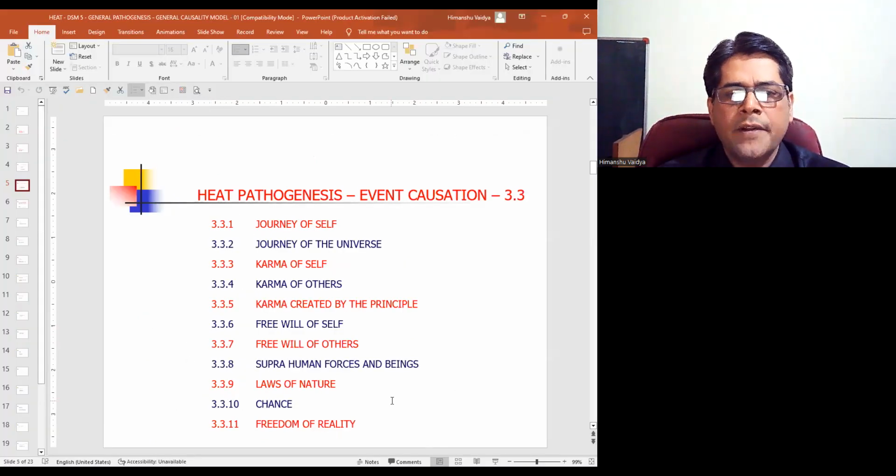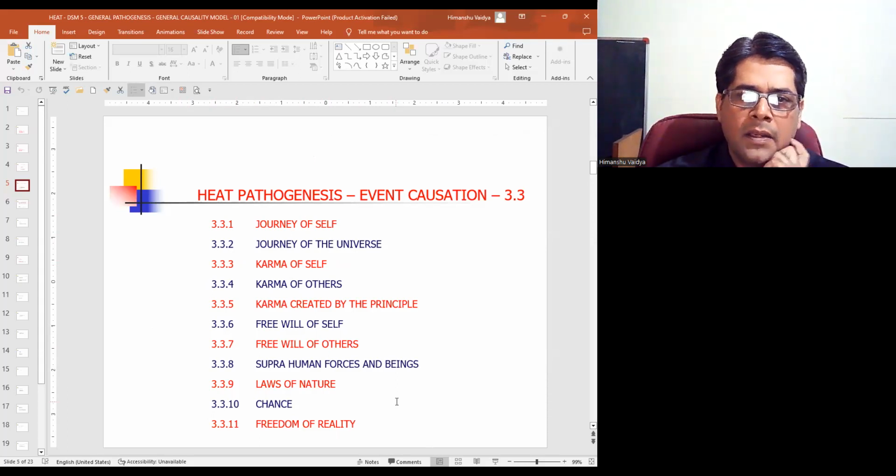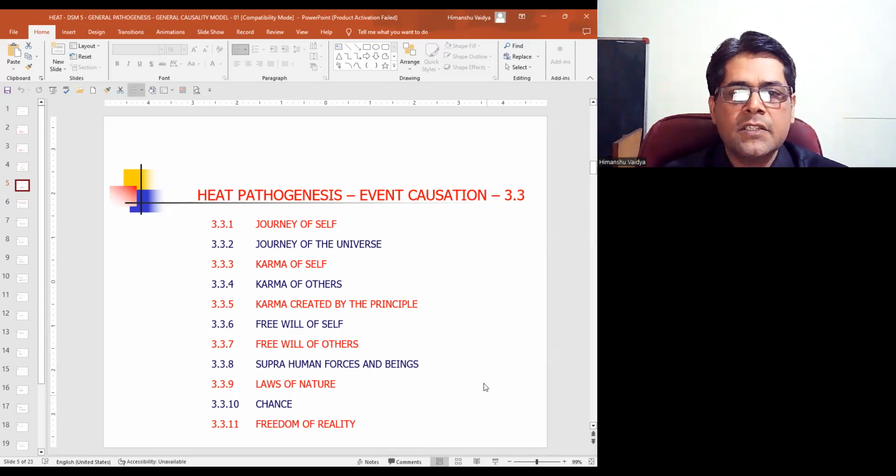Out of this general model, certain causality factors are insignificant most of the time, and we'll take them as insignificant for all the 17 chapters. Let me just cover them with a different color.